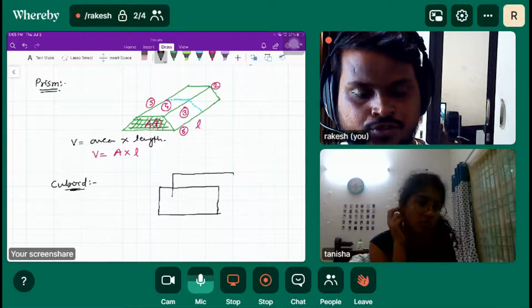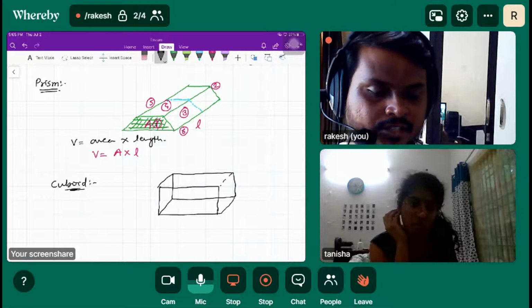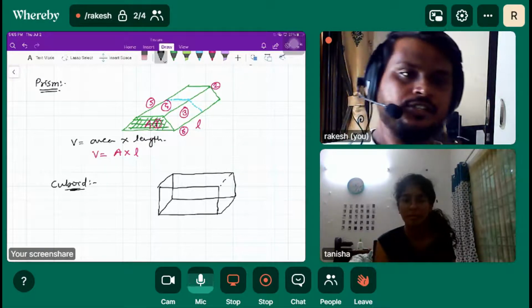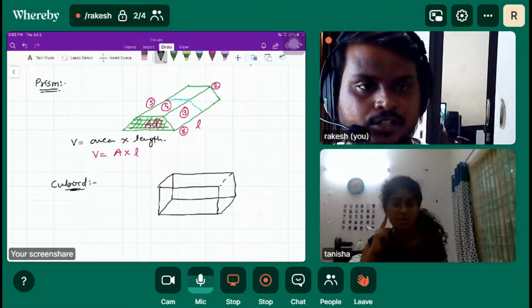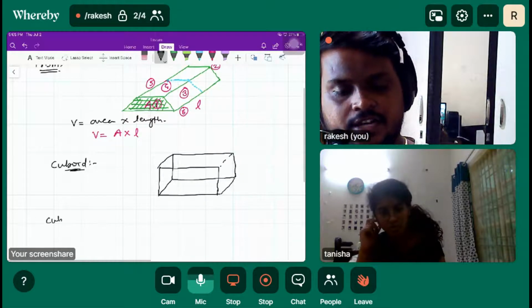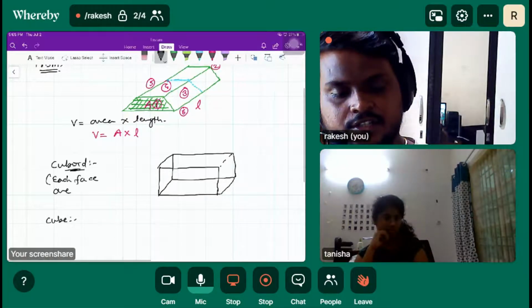I used to draw this cuboid in my school time like this. I really enjoy drawing like this. So this is a cuboid. Can you figure this out? Each face is a rectangle.